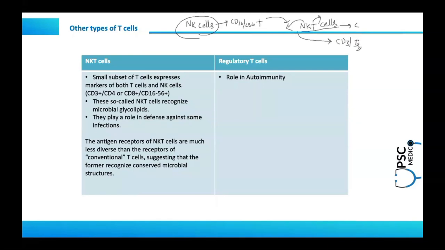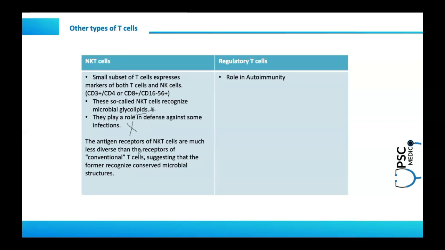But if there is a cell with both CD16 and CD56 positive, along with CD3, CD4 or CD8, which are specific to the T lymphocytes, we call it an NKT cell, both natural killer and T lymphocytic cell.